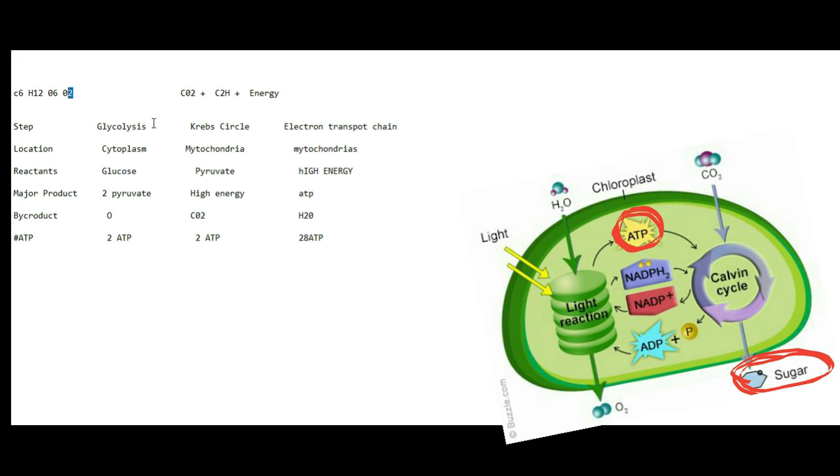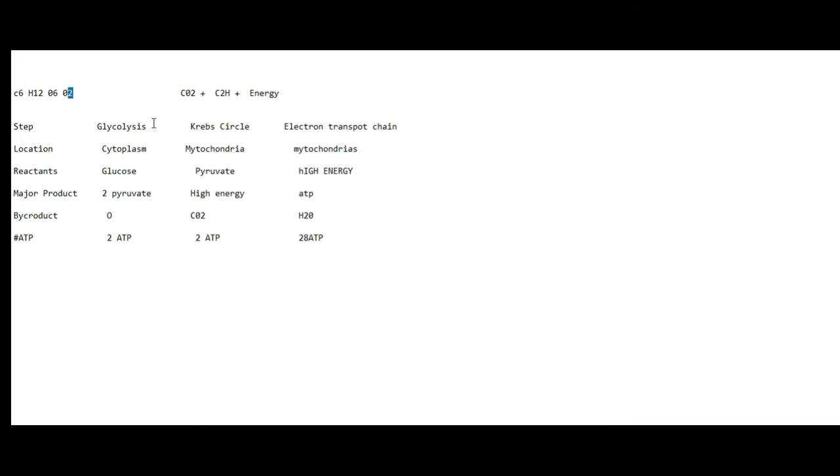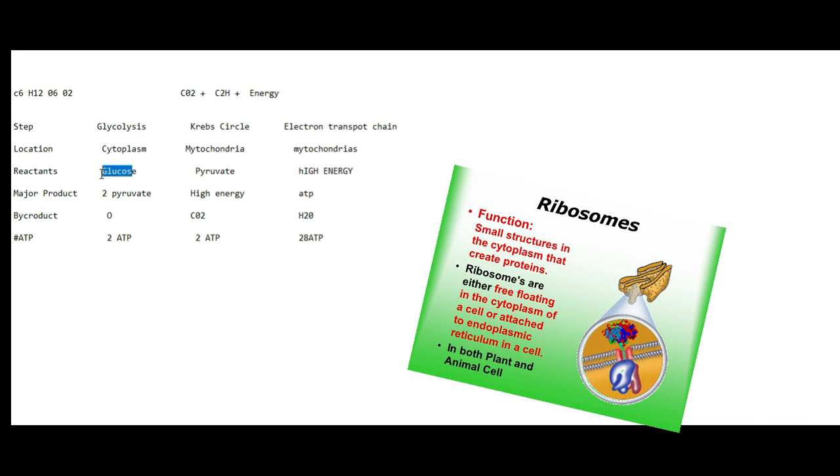The first step of cellular respiration is glycolysis. The place that glycolysis takes place is within the cytoplasm. I make a table so you can see it, and show you exactly where glucose is in the step of reactions.